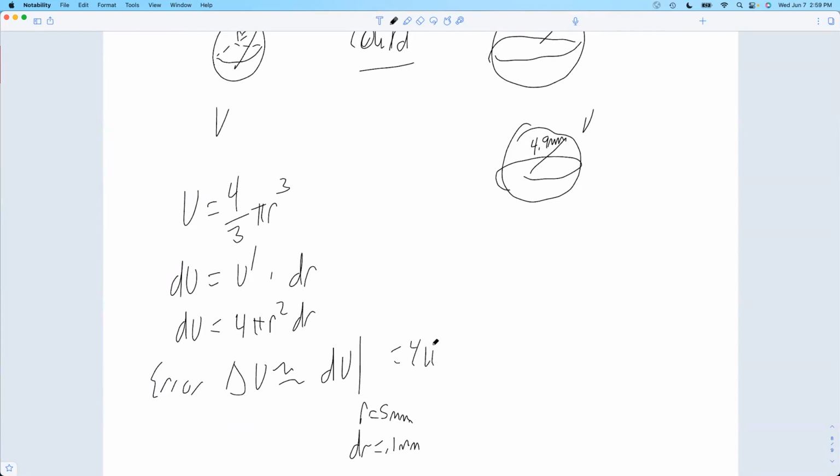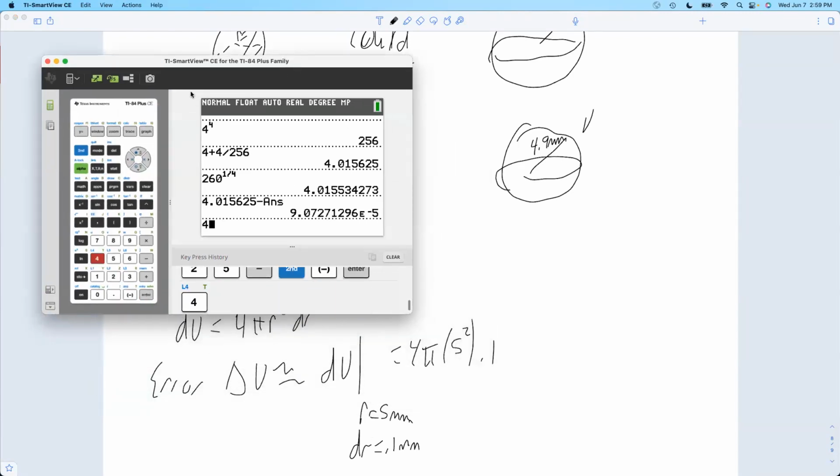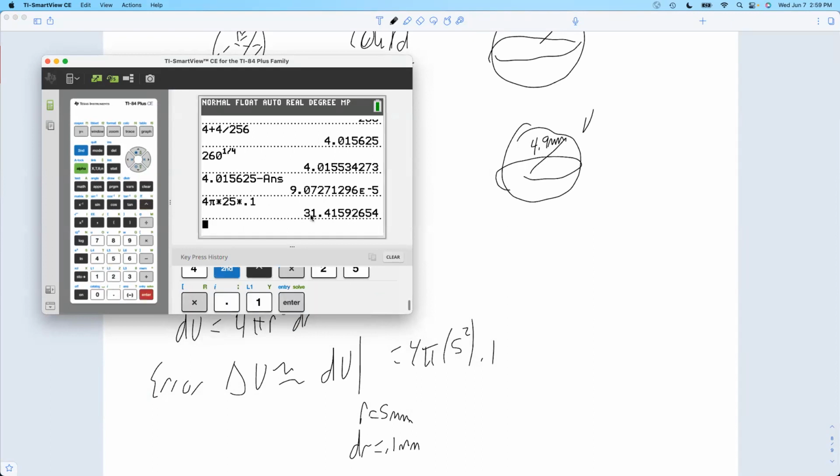So that would be 4 pi times 5 squared, that's r squared, times 0.1. I could probably do this in my head, but let's get our fancy calculator out here. So 4 times pi times 5 squared, of course, is 25, times 0.1. So the error in my volume is approximately, the maximum error, 31 cubic millimeters.